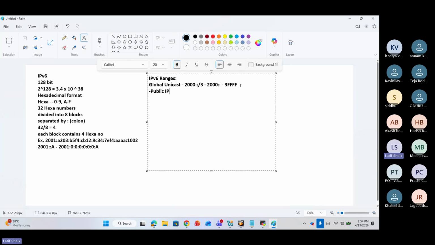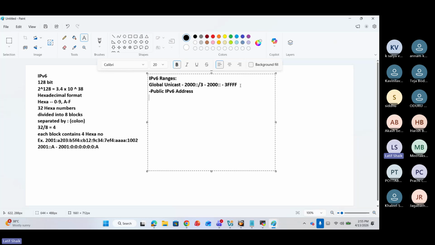So a public IPv6 address is assigned by your ISP only, and this public IP address includes the network range plus your global range, meaning which continent you belong to, for example Asia.